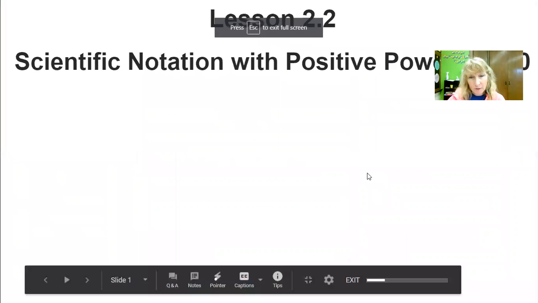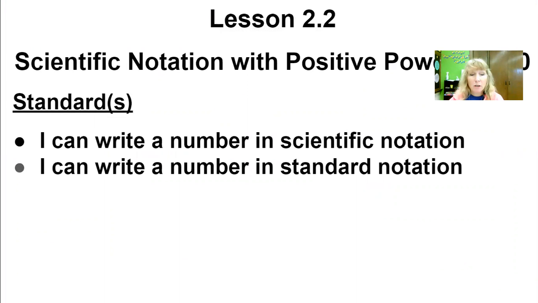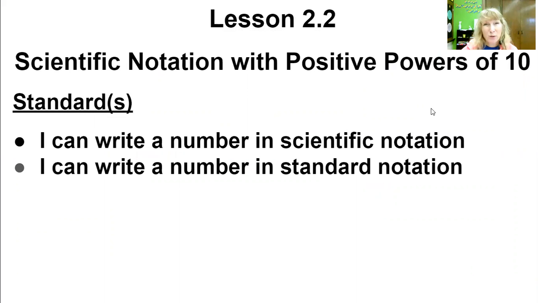So here's our lesson 2.2, positive powers of 10 with scientific notation. At the end of this lesson, you will be able to say, I can write a number in scientific notation, and I can write a number in standard notation.